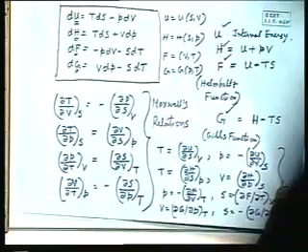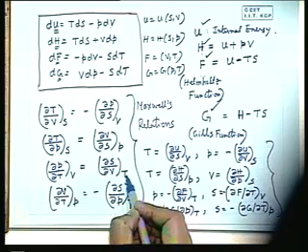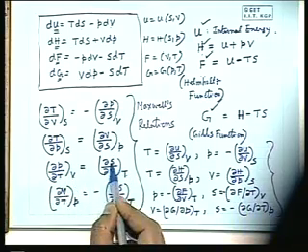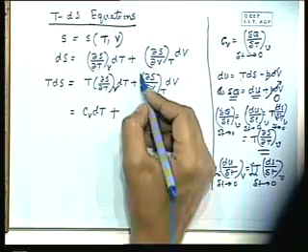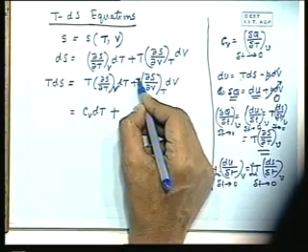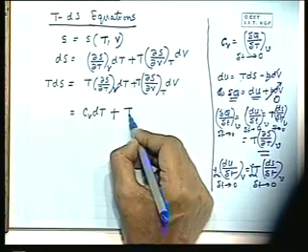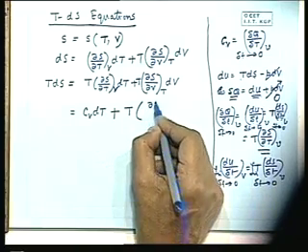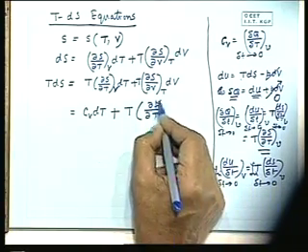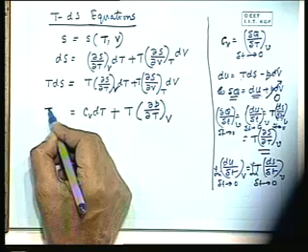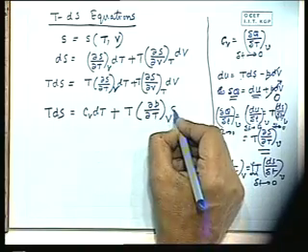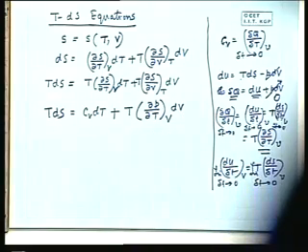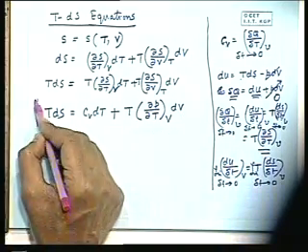Del S del V at T is del P del T at V, that is from Maxwell's equation. Sorry, one T will be there, you are correct, plus T del P del T at V dV. Any problem, you ask me, this is mathematics only. There may be some silly mistake, you can just point it out.